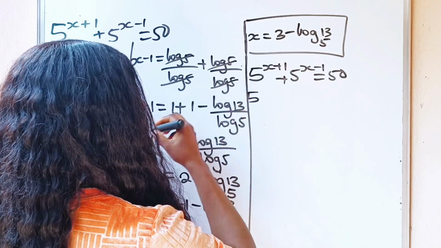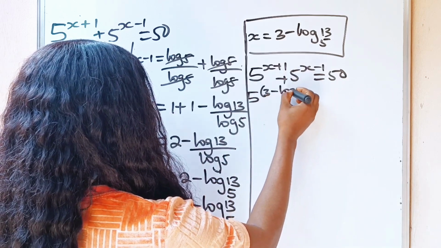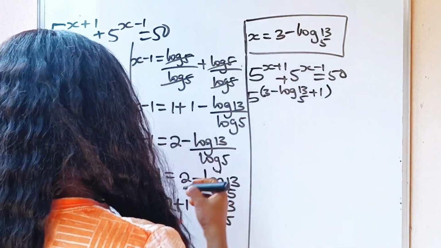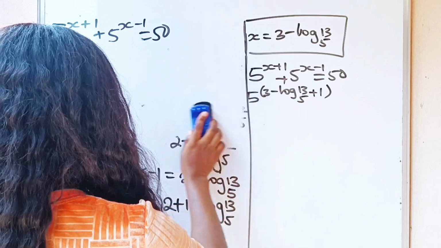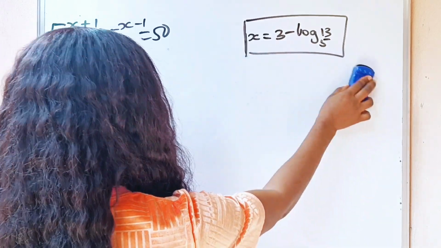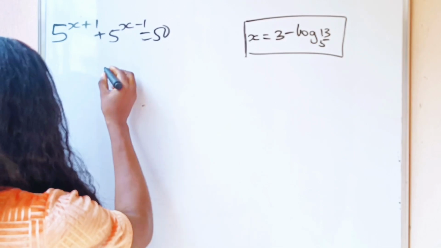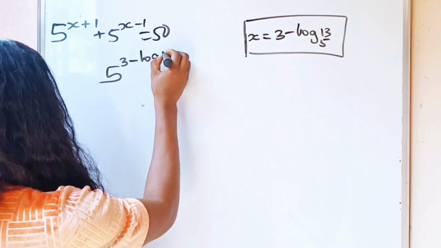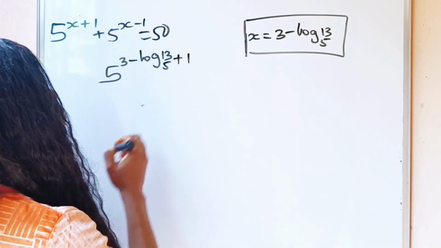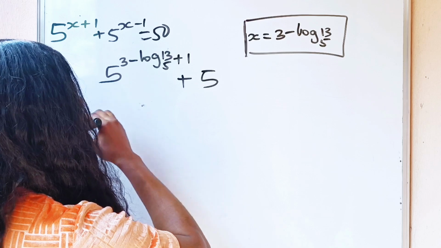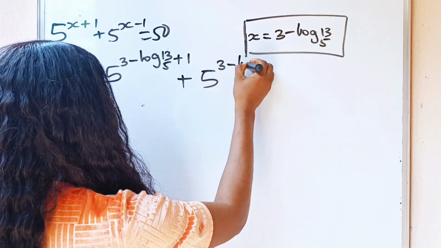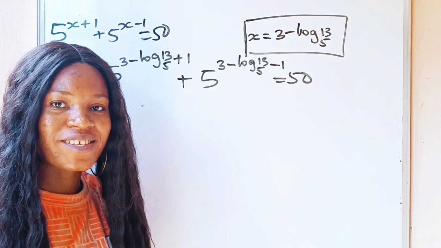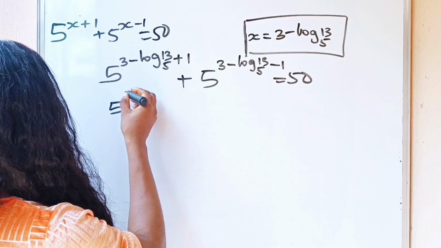So we can write 5 to the power of 3 minus log 13 base 5, plus 1, then plus 5 to the power of 3 minus log 13 base 5 minus 1 is equal to 50. So we have 5 to the power of 3.